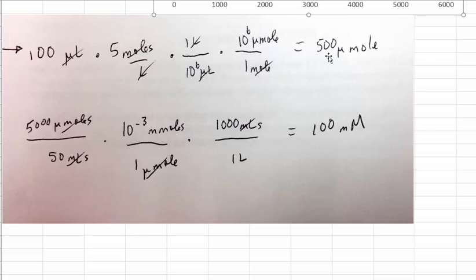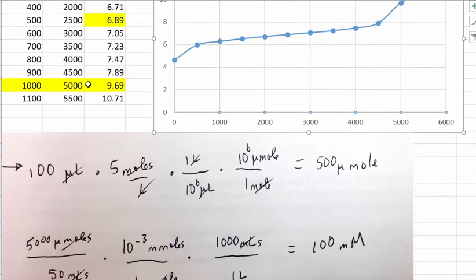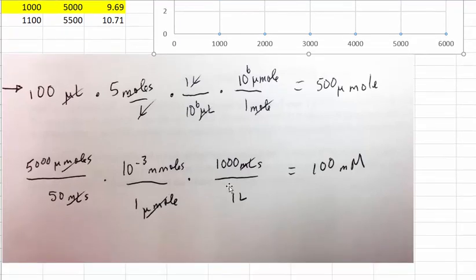What I found from my equivalence point was that I had 1,000 microliters added, which is equivalent to 5,000 micromoles of sodium hydroxide. At the equivalence point, I've added one equivalent of base, which is 5,000 micromoles of OH minus.